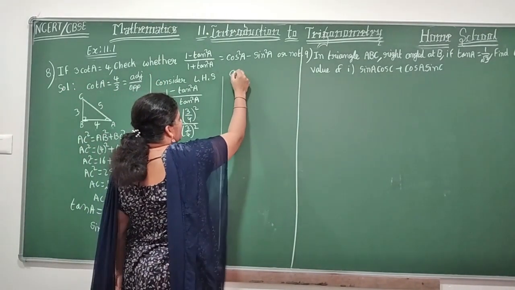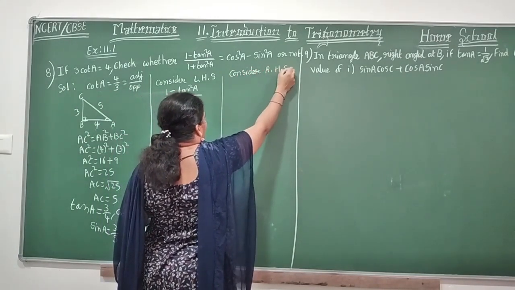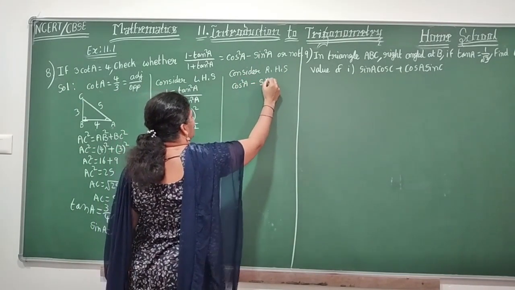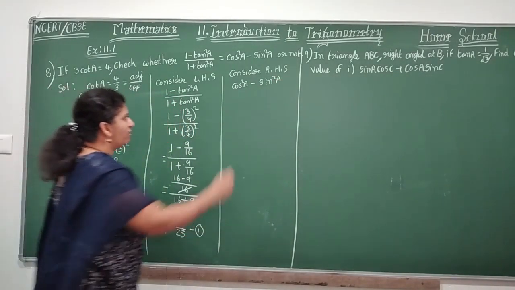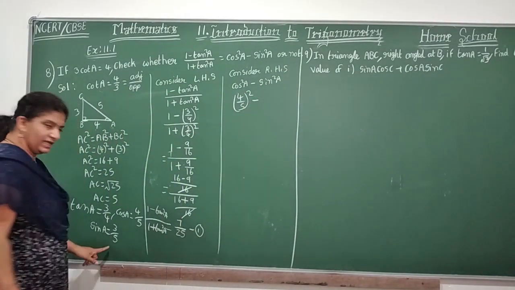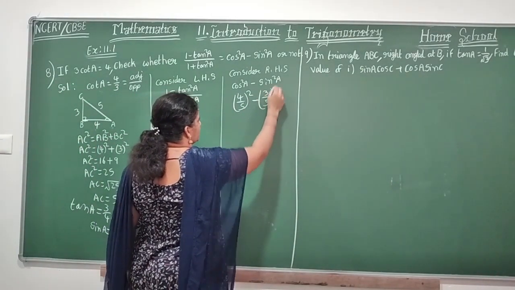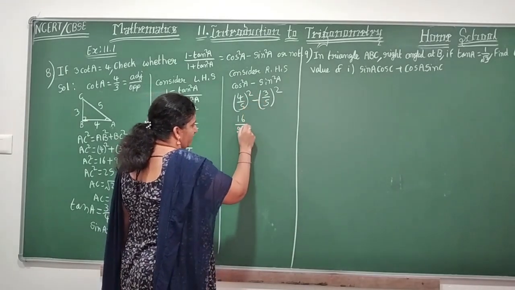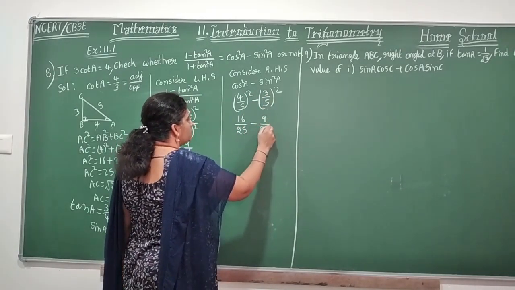Now consider the right hand side of the question. That is cos square A minus sin square A. What is cos A, children? 4 by 5. 4 by 5 whole square minus sin A value is 3 by 5, 3 by 5 whole square. 4 4s are 16 by 5 5s are 25, minus 3 3s are 9 by 5 5s are 25.